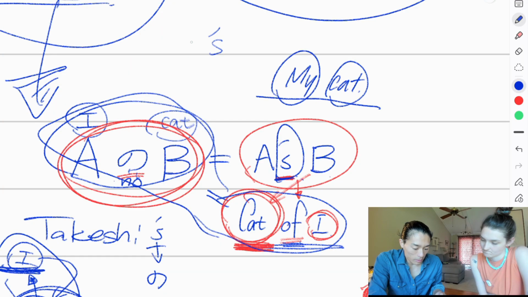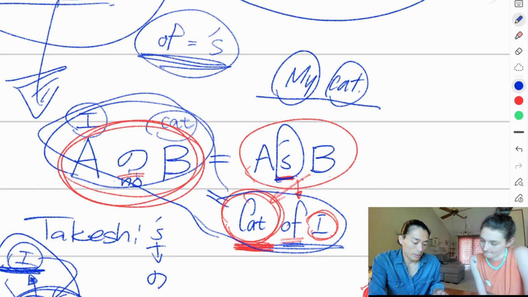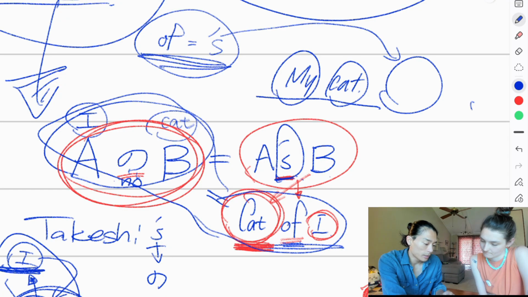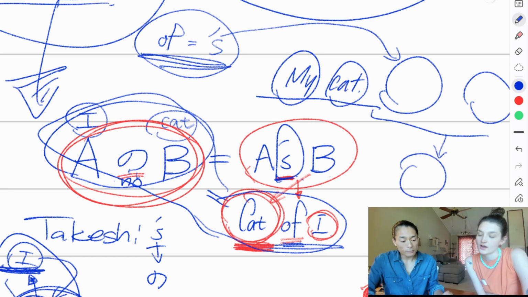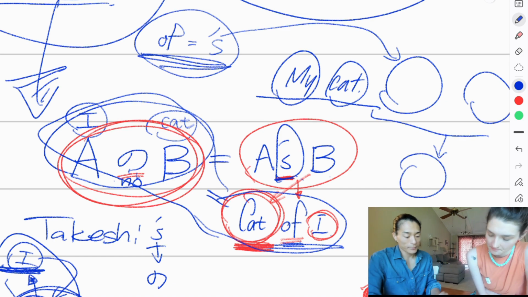"My brother's niece's mom farted." Then how many people farted? One, right? So the apostrophe S and "of" functions are to combine two or more nouns into one, right? Oh, I see. Does that make sense? Yep.